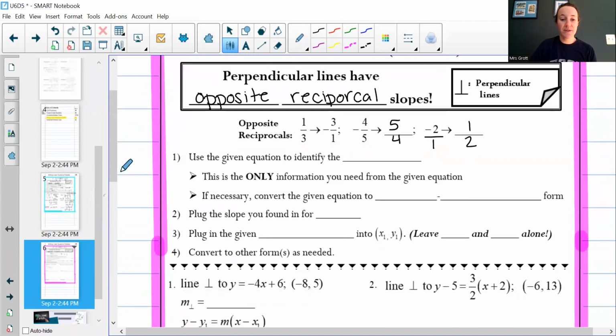Our steps to do this, so again, it's the same thing that we just did for parallel lines. It's the same thing that we've been doing. The only thing that's different is now we have opposite reciprocal slopes. So first step, we need to identify the slope. If need be, change it into slope-intercept form.